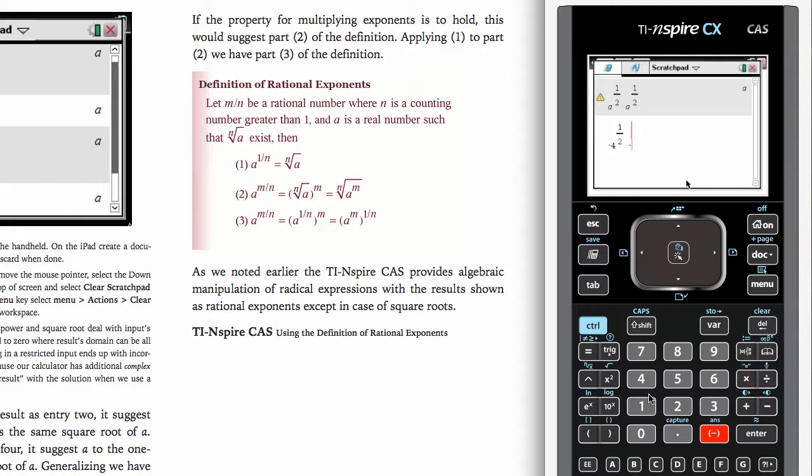And -4. Raise it to the power. Put in our fraction. And it gives us our answer to be 4.